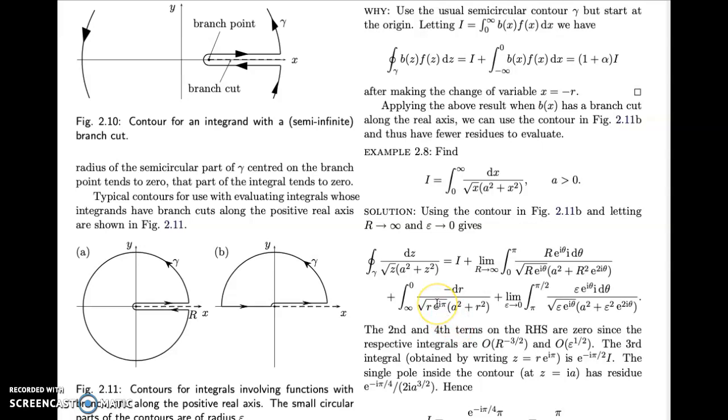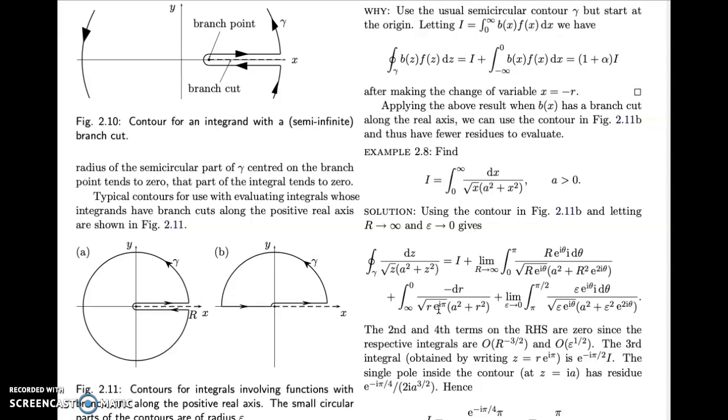So the third integral, where we write z equals r e to the i pi, is just a multiple of the integral we want to find. We can take out the root of e to the i pi, which, remember, is always a positive square root, so it's just e to the i pi by 2, which is simply i.